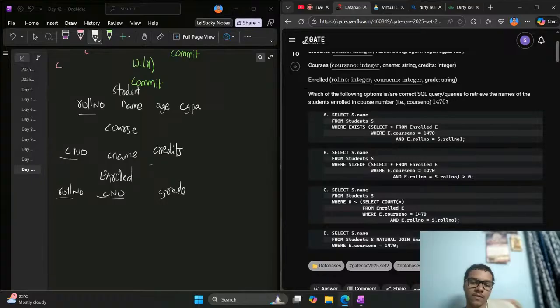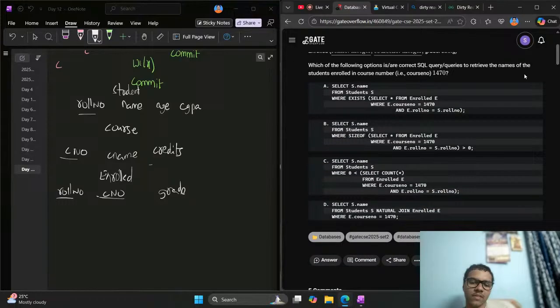That makes sense. Select S dot name from student S where size of select everything from enrolled E where E dot course number is 1470 and E dot roll number is equal to S dot roll number.